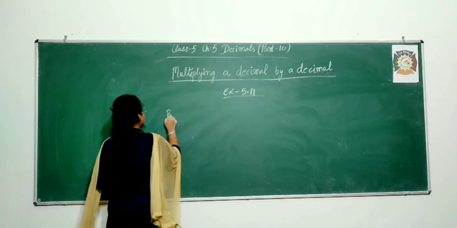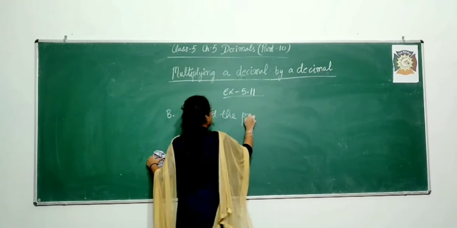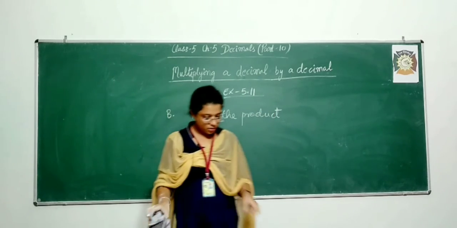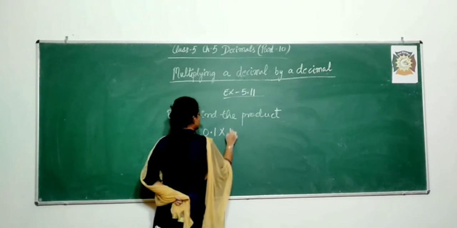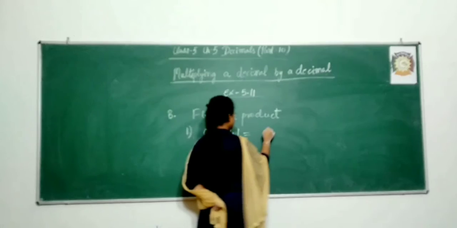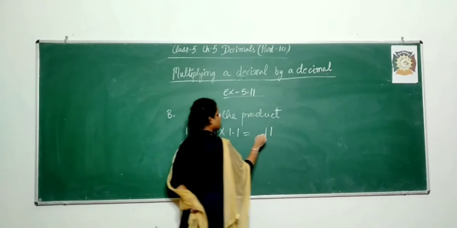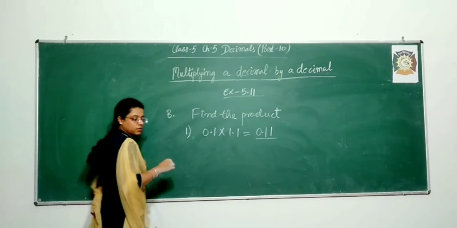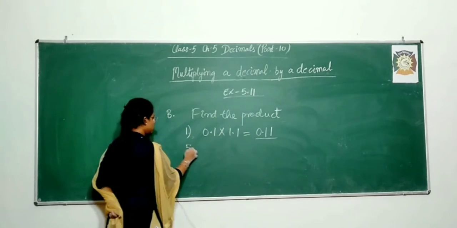The E part is find the product. 0.1 into 1.1. So see students, 11 into 1 will give you 11. And considering the decimal places, it is 2 in total, so 0.11 will be the final product. I am doing 5th and 6th part now.